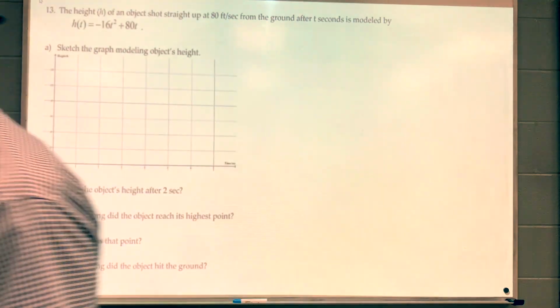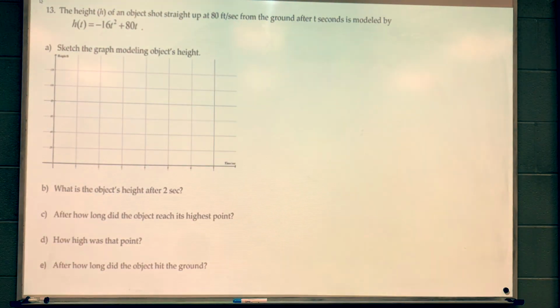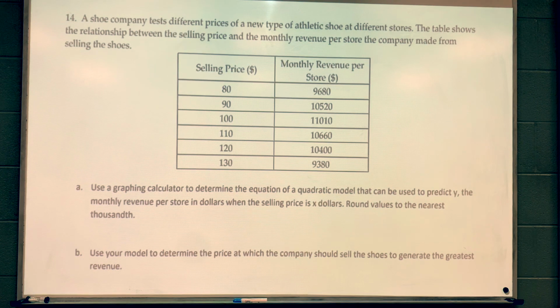Okay, moving right along. Number 14, last question. A shoe company tests different prices of a new type of athletic shoe in different stores. The table shows the relationship between the selling price and the monthly revenue per store the company made from selling the shoes. Here's the table.